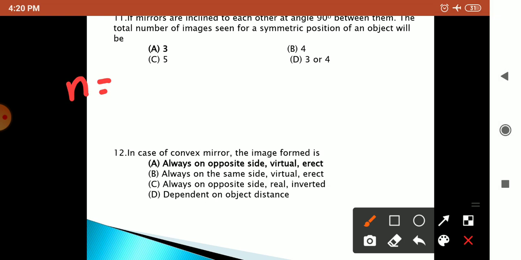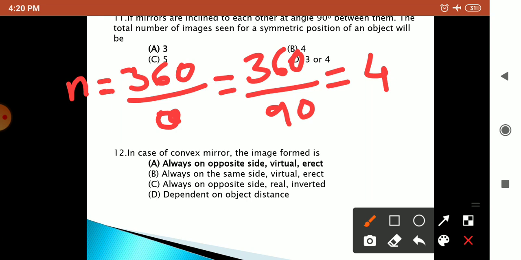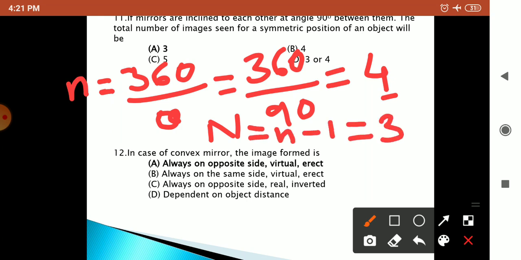To find the seen images, first we have to find out the formed images. So n is equal to 360 degree upon theta. So 360 upon 90 is equal to 4, which is an even number. So seen images is equal to n minus 1, which is equal to 3. So the option is the first one, A.